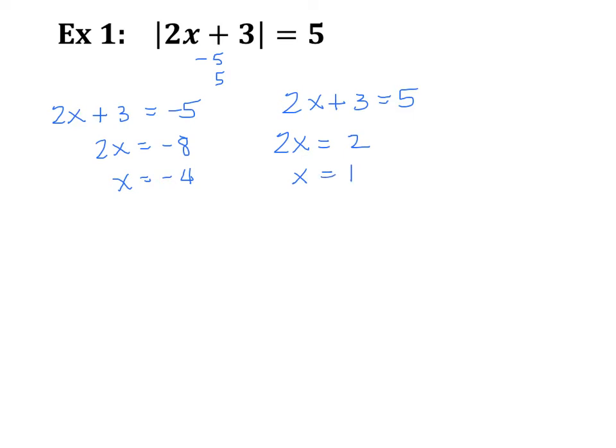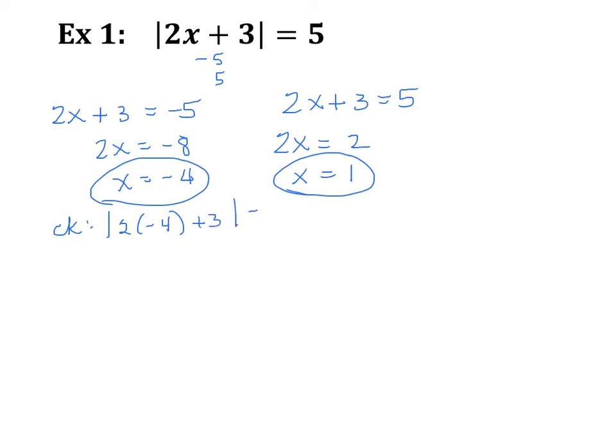It's a good idea always to check, at least in your calculator. If you're good with arithmetic, you can do it mentally, but I'm going to demonstrate for you how to check the negative one. Put it into the original. If you don't put it back into the original problem, it's not going to check correctly. So I put it into the original problem, and this is really a question: are these equal?